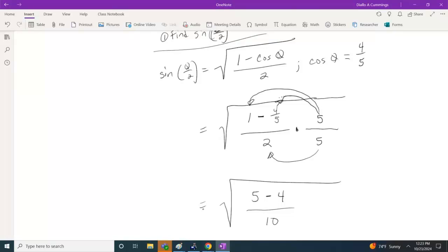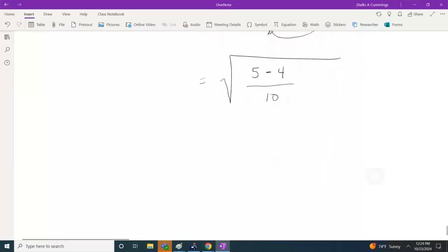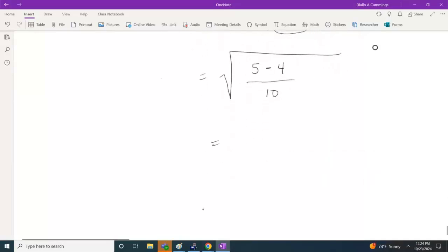And then when I multiply 5 times negative 4/5, that's where the 4 comes in. And then in the denominator, when I multiply 2 times 5, that's where 10 comes in. So then this gives us the square root of 1 over 10.